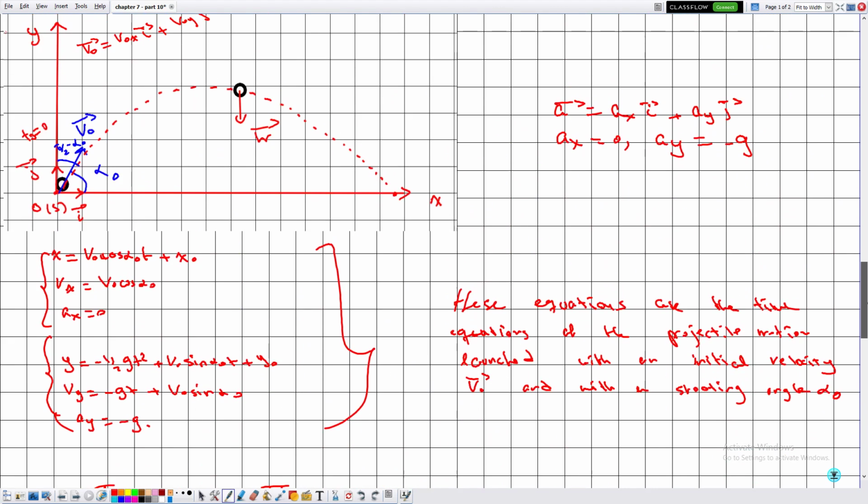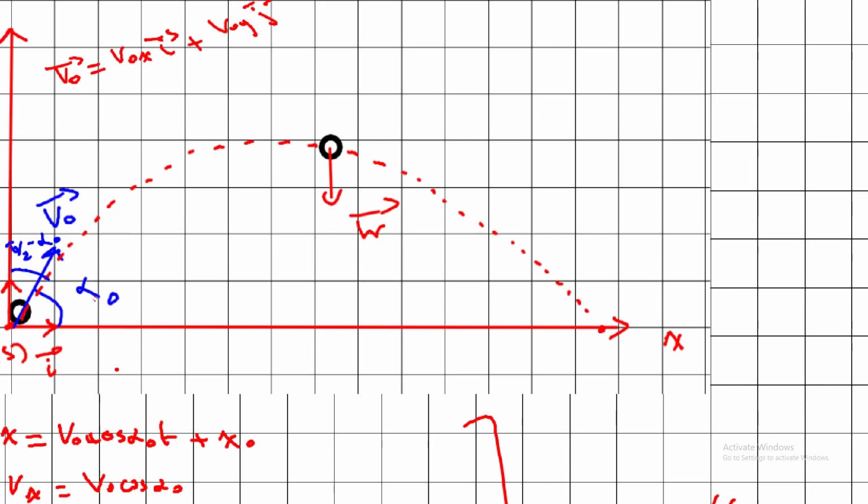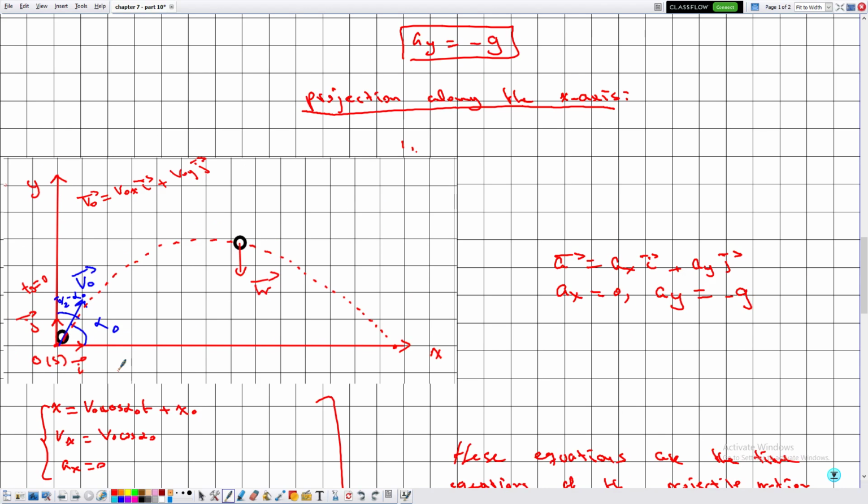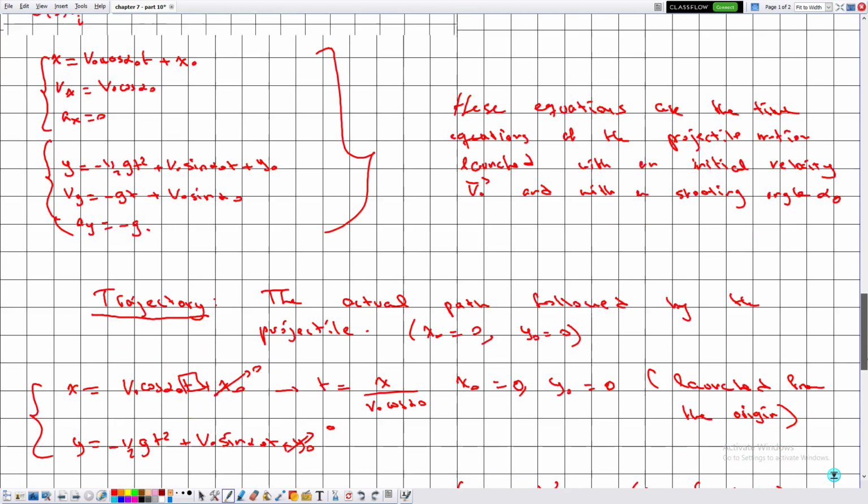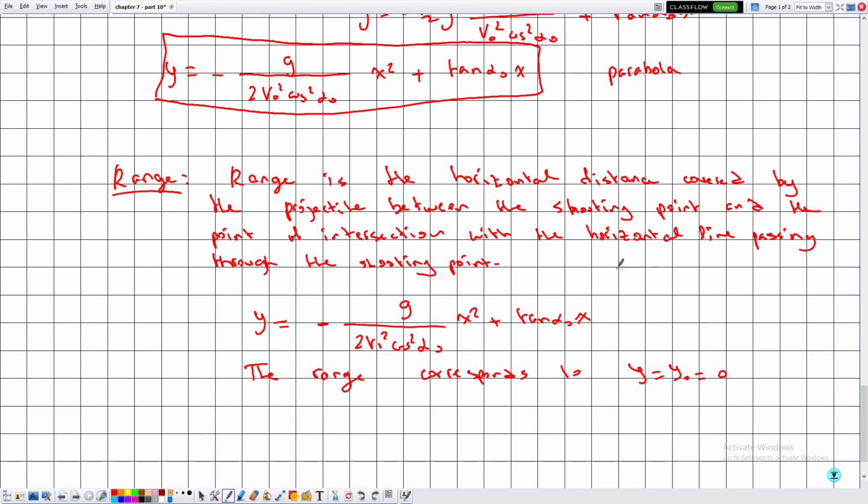In this case, the range corresponds to the equation y is equal to y0, because the intersection point must be at the same horizontal level as the shooting point. So the range is given by the equation y is equal to y0. This is the equation in which we determine the range.